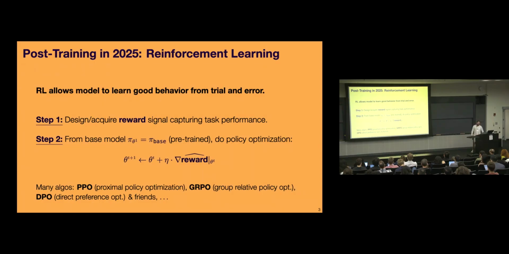Once you have this, you can figure out which behaviors are good or bad through trial and error. If you have seen any of these techniques like PPO, GRPO, DPO, these get thrown around a lot. These are all policy optimization techniques that, broadly speaking, follow this paradigm. They treat the model as a policy, to adopt the RL terminology. They use trial and error to optimize a reward.